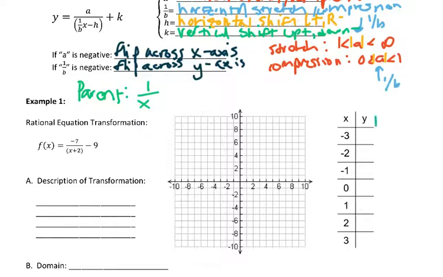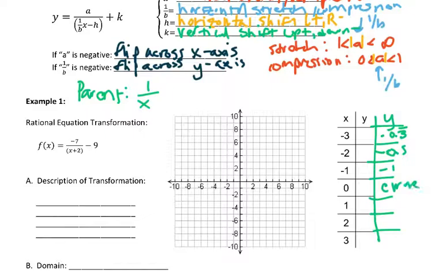And so if we graph our parent function with this table here, we see that it's negative 0.3 repeating if we plug in a negative 3, negative 0.5 if we plug in negative 2, a negative 1, and then we actually get an error at 0, and we'll talk about that in a second. And then it flips, and you get a 1 and a 0.5, and then a 0.3 repeating.